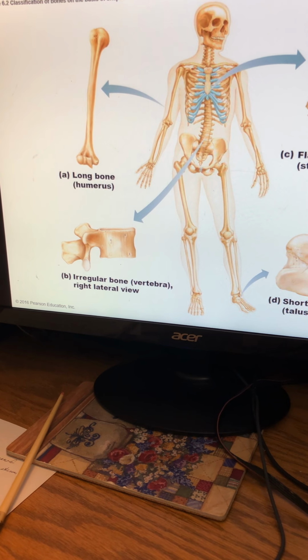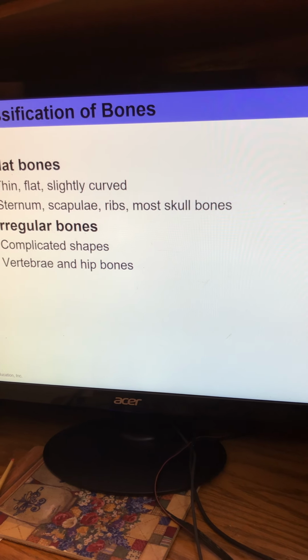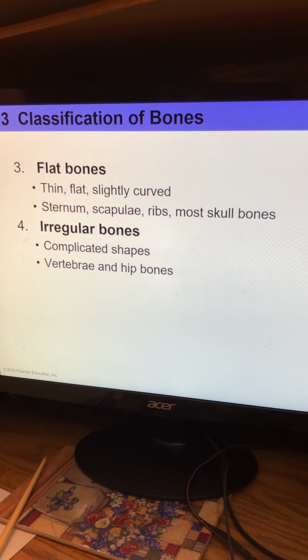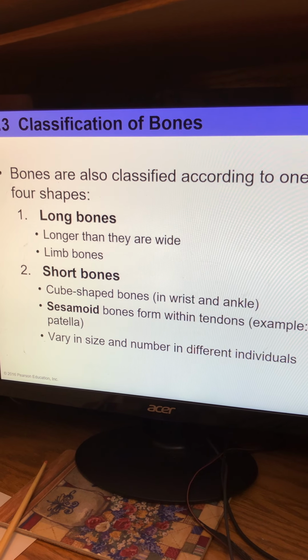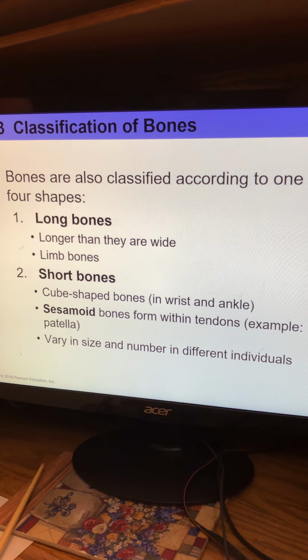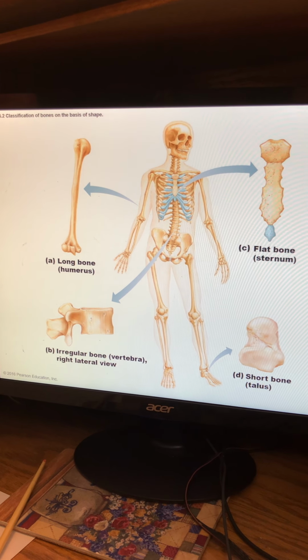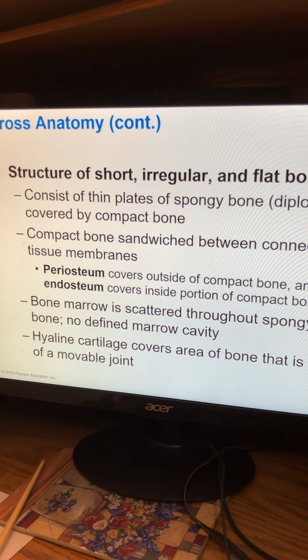So irregular bones are just that. They're very irregular, but they don't fit into a category which would be considered flat, and they're not long or short bones, but they're their own category, which is considered to be irregular. And those are some of the pictures of how we would talk about them.